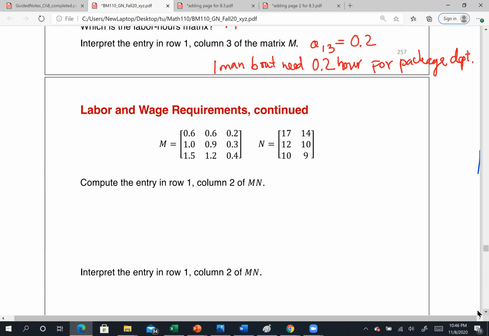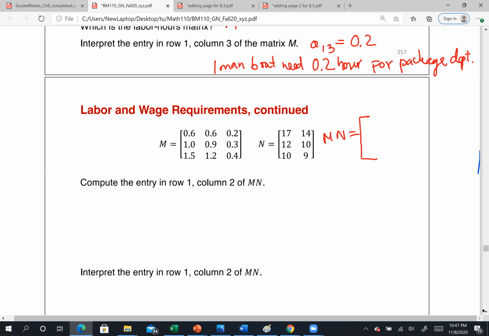Now let's move down. Okay, so we did have the matrix here, and now we just need to compute the entries in row 1 and column 2 of the product M times N. So we know that M times N will be the matrix.